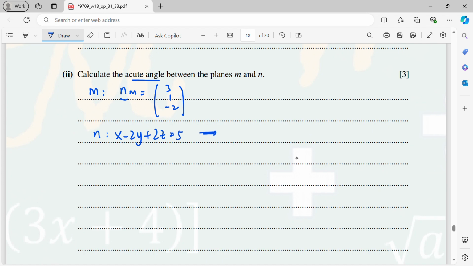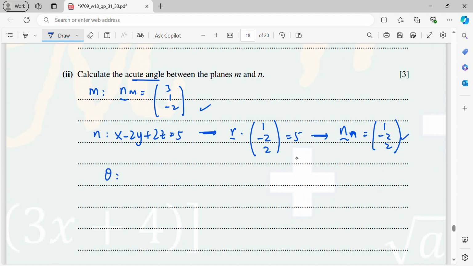I can change to the vector form, r dot (1, negative 2, 2) equals 5. That means the normal vector of plane N is (1, negative 2, 2). The acute angle between the planes will be the same as the acute angle between these two normal vectors.